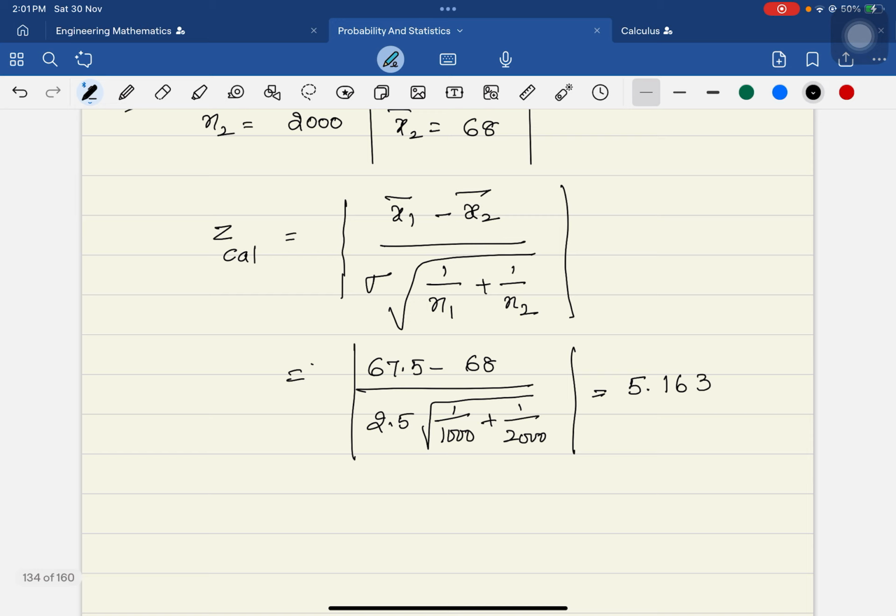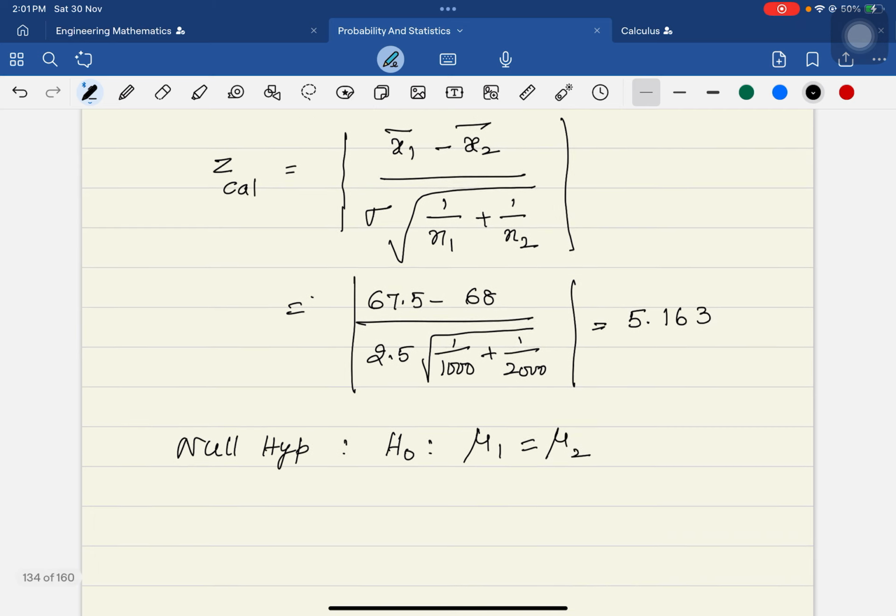Now, what is the claim here? We have to write that also. The claim is the null hypothesis. What is the null hypothesis? The null hypothesis H naught is mu1 equals mu2, because there are two samples, so we compare the two population means.